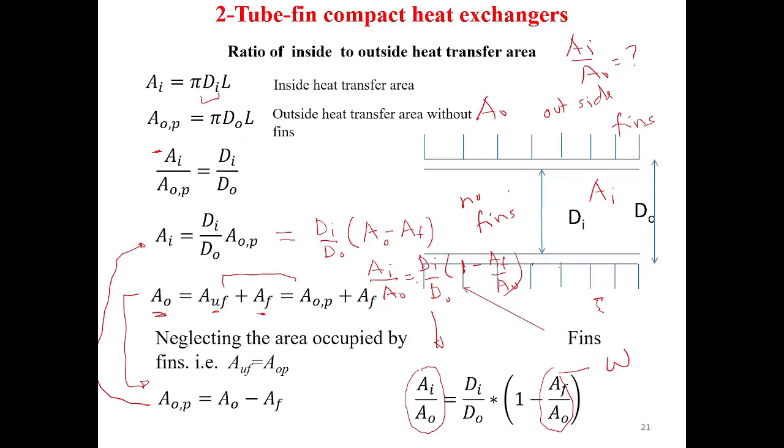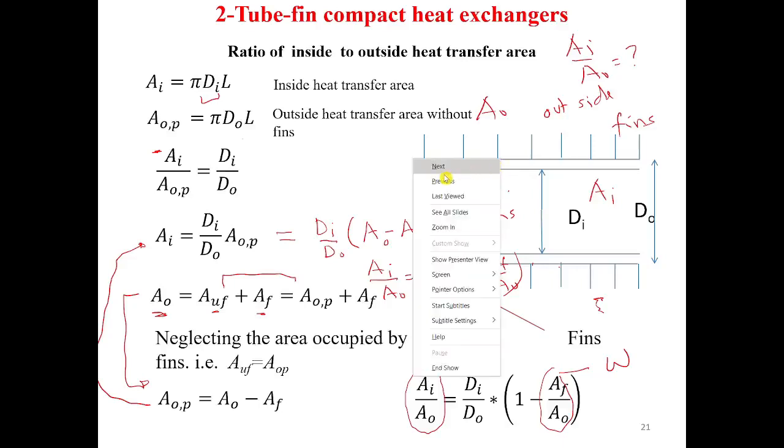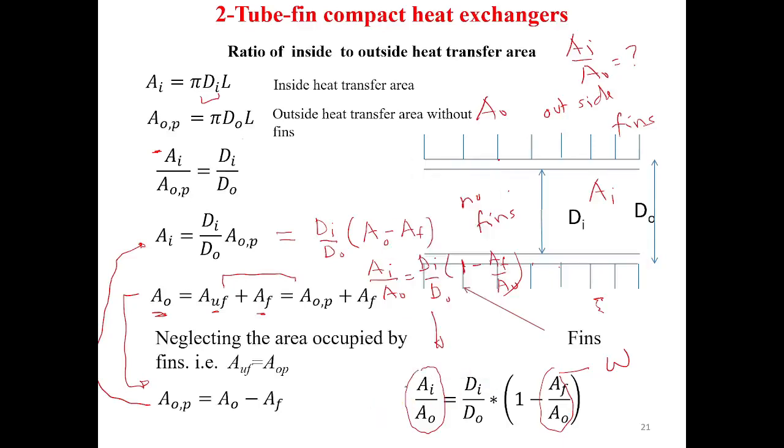So basically there is a trick to find the heat transfer area inside the tube divided by the heat transfer area for the gas side, by assuming that the area occupied by the fin is negligible on the outer surface, from which you can get this equation, which says that the heat transfer area inside divided by the heat transfer area outside is equal to the diameter ratio multiplied by this parameter, which is 1 minus omega, where omega is the fin area divided by the outside area.